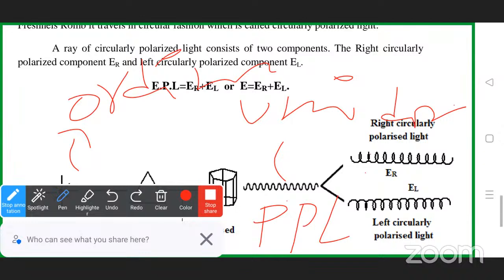Two possibilities. Based on that rotation of the light, we assign the configuration to the particular compound.